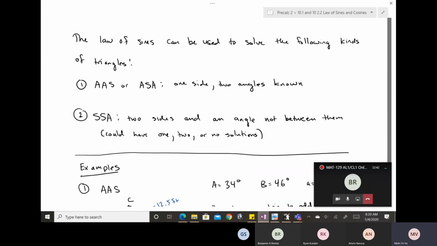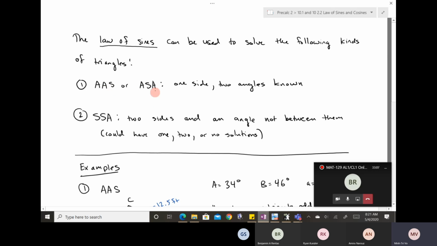Okay, so the types of triangles for the law of sines. The first case is where you have either an AAS or an ASA triangle, right? A stands for angle and S stands for side.